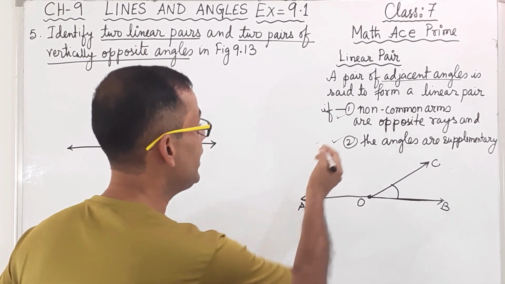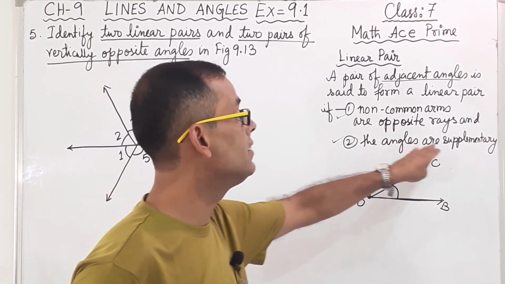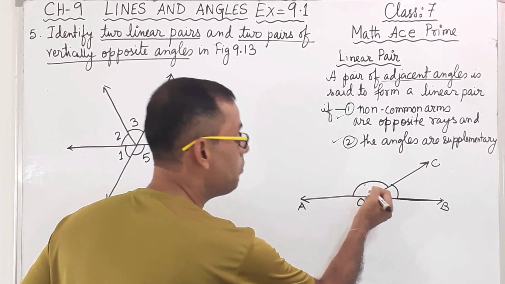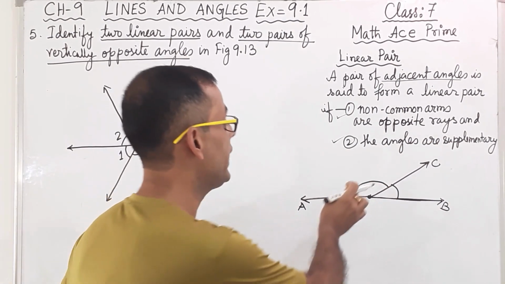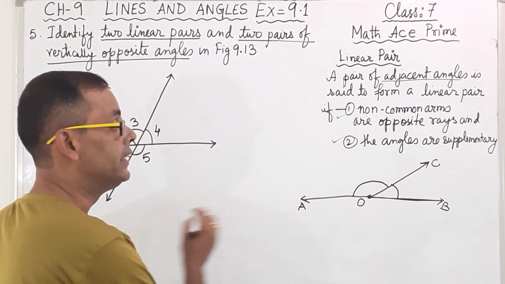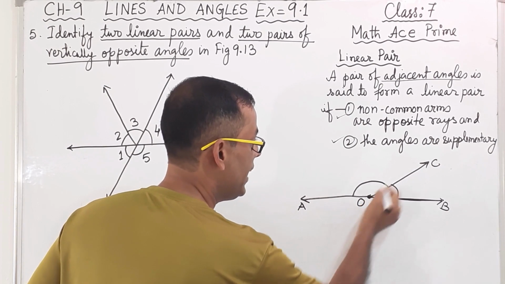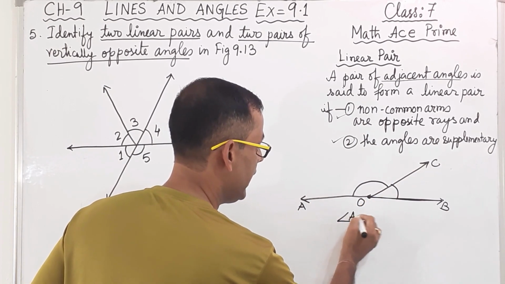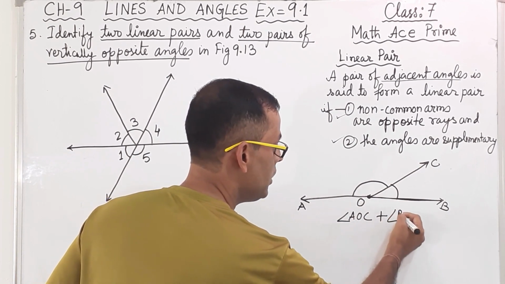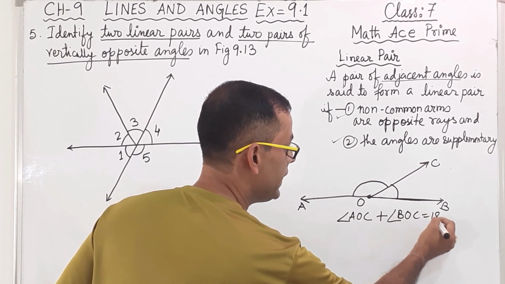And the second criteria, the angles are supplementary. So now also you are getting adjacent angles, but the sum of this angle and this angle is equal to 180 degree. Angle AOC plus angle BOC equal to 180 degree.